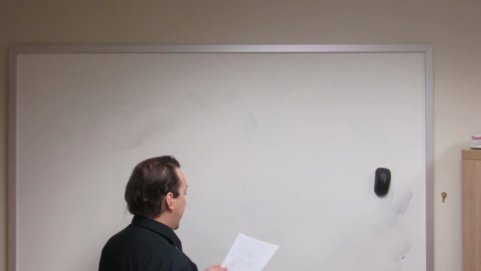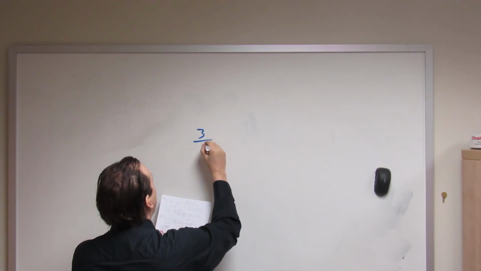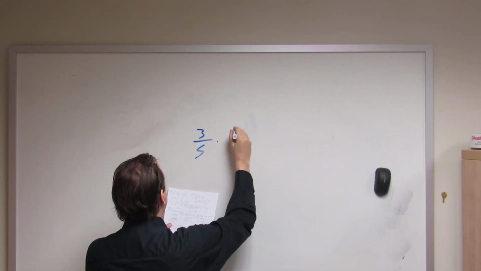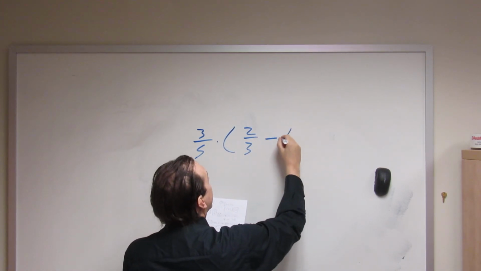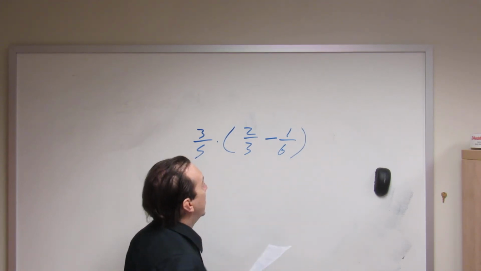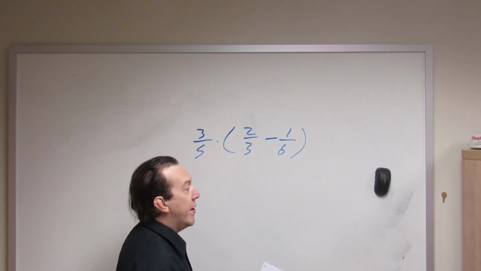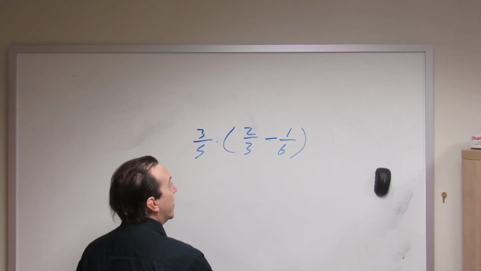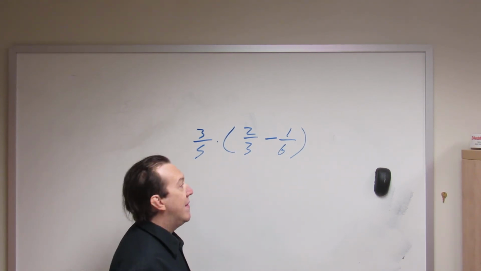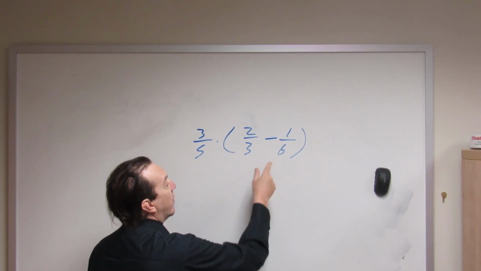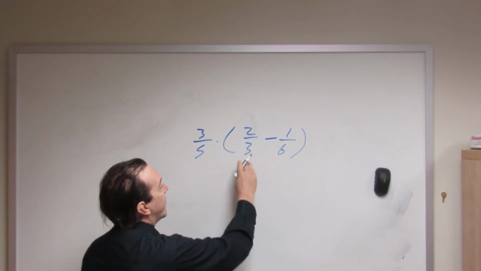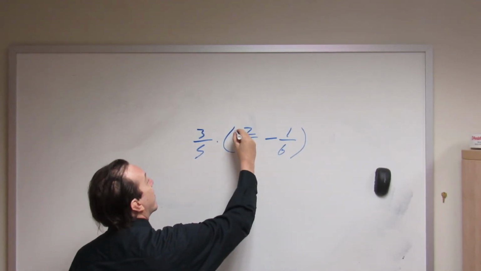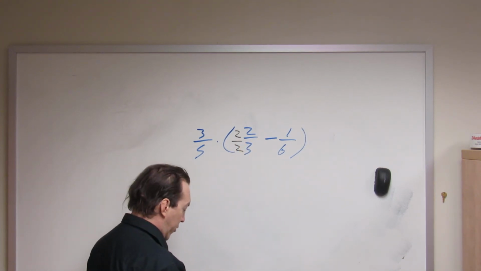Next is something like 3 over 5 times, in parentheses, 2 over 3 minus 1 over 6. So we don't have common denominator inside the parentheses. Since we have a minus sign, we need that. But 3 will go into 6. So 6 is the least common denominator. 3 goes into 6 2 times. So we multiply this by 2 over 2.